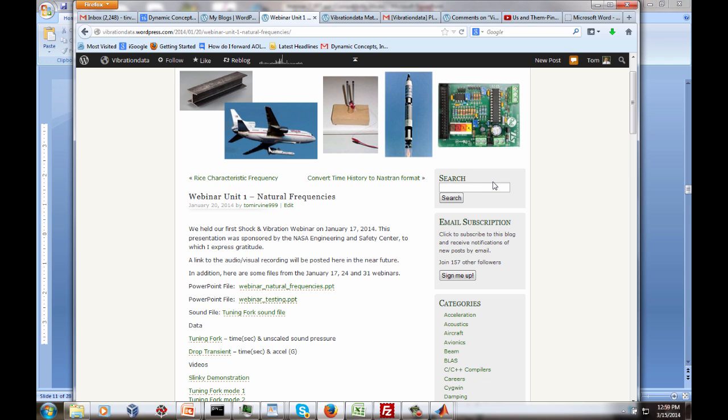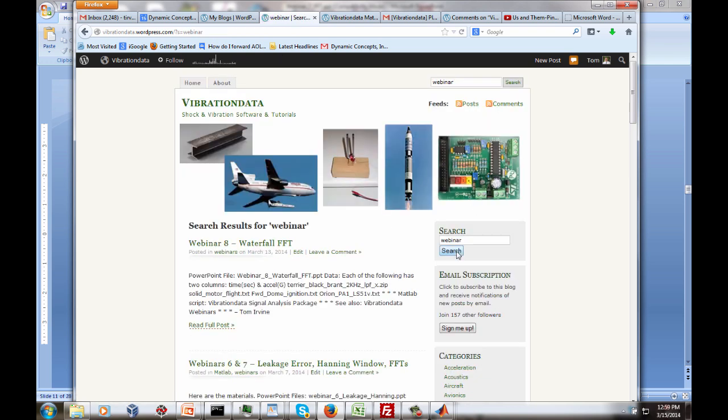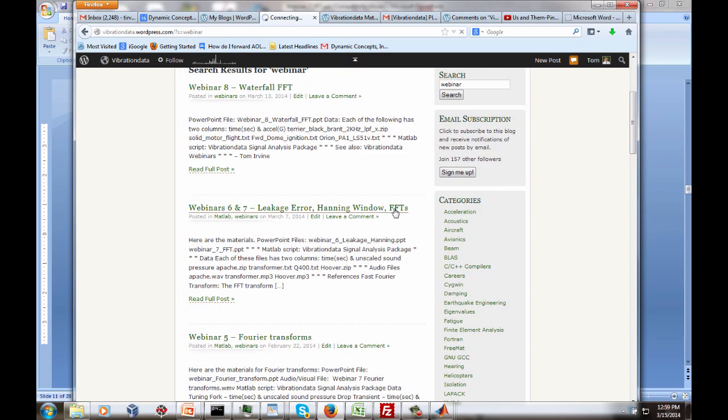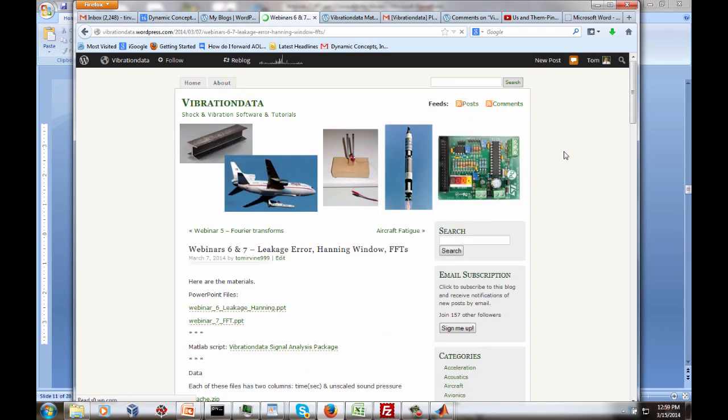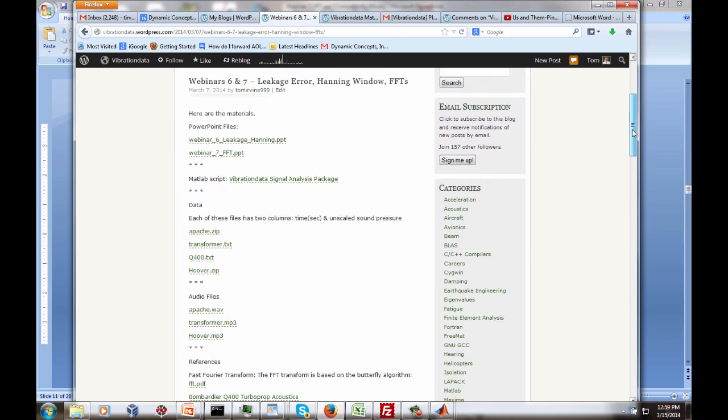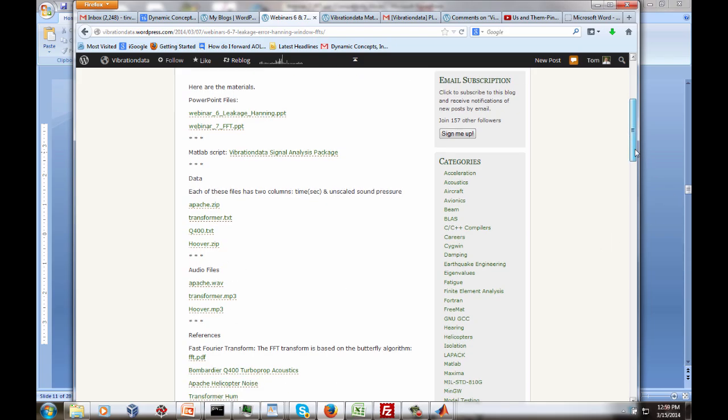If we just type in webinar and do a search there, go to FFTs. I think I showed this to you before, but just as a reminder, pick up the data files here, and also listen to the corresponding audio files as well, because those are interesting. And for the turboprop, I actually have an audio-visual file that you can look at as well.